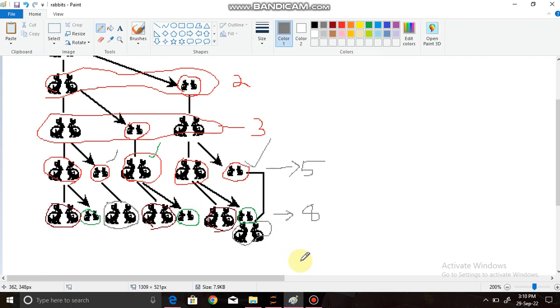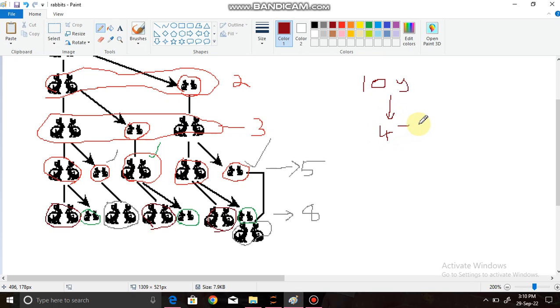Infinitely. But we have a time limit of 10 years, which I mentioned in the problem. And every 4 months this is happening: the adults reproduce a pair of baby rabbits.